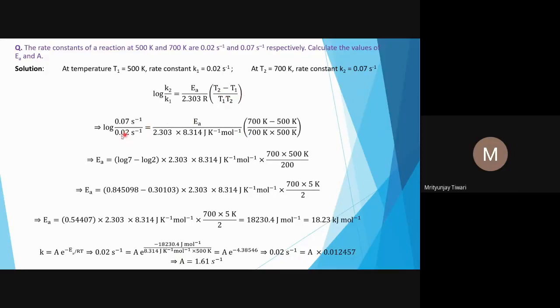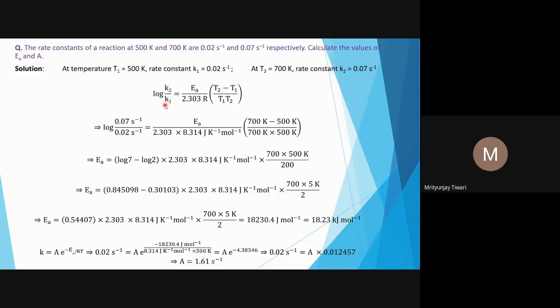Now we can put the value of log K2 by K1, as you can see here, 0.07 per second divided by the value of K1, which is 0.02 per second. This per second will be cancelled out. This is what I was saying. Even if, later on, you are required to write this as log K2 minus log K1, you have to put only the numerical values and not the units, because the log of a value with a unit has no meaning.